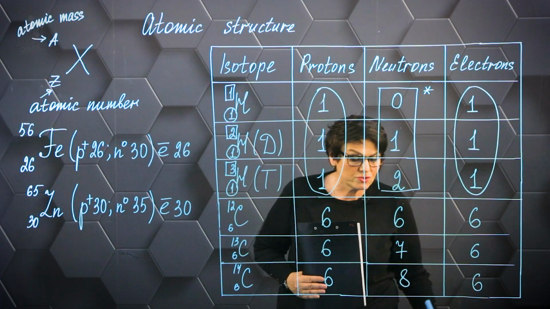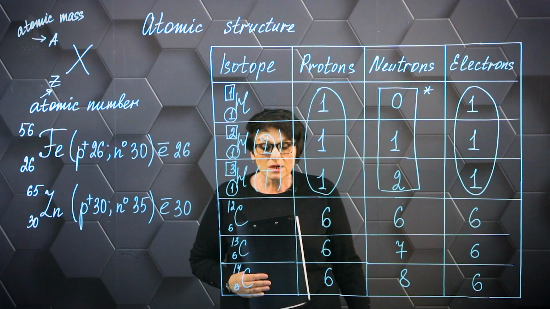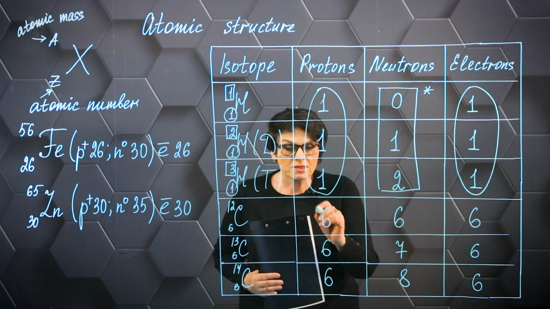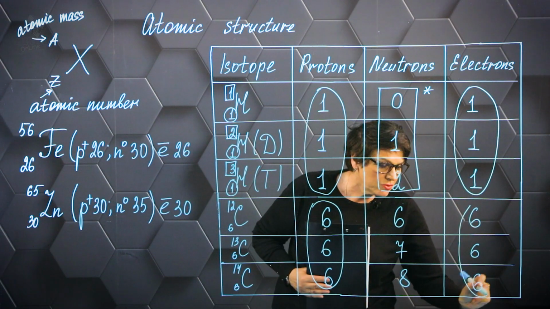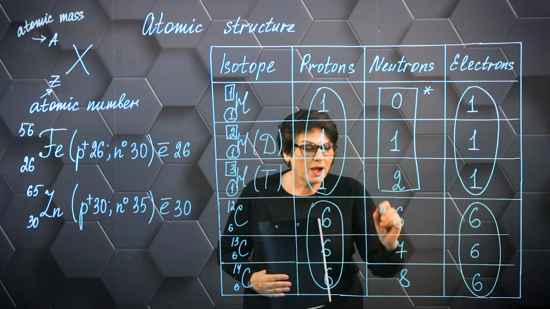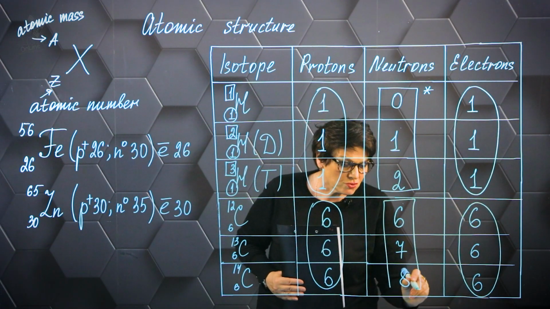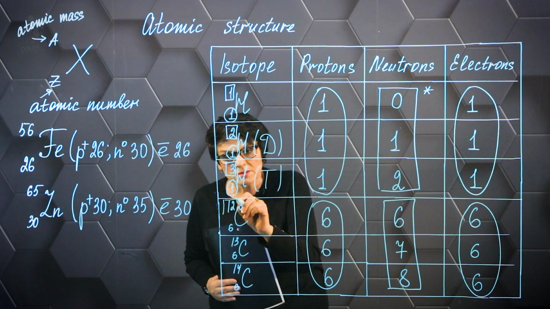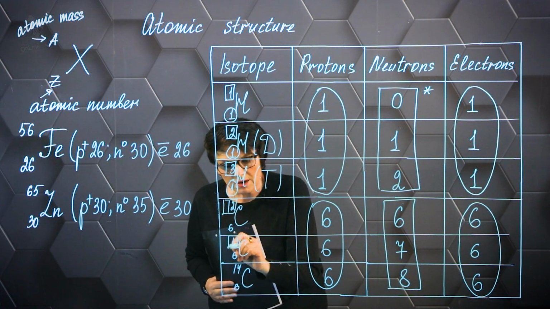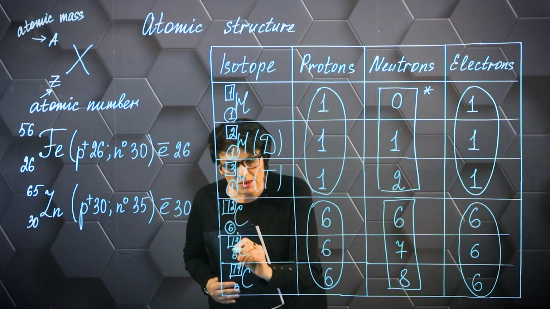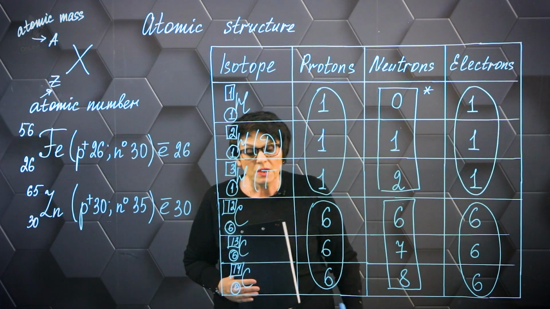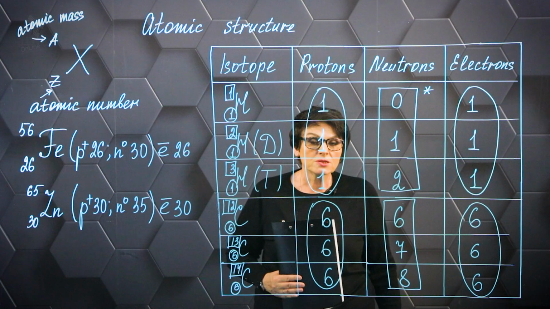As we can see, again they will be similar in the number of protons, similar in the number of electrons, and they will differ in the number of neutrons, and therefore in the masses of these isotopes. They will be identical in the number of protons and electrons and in their ordinal number.